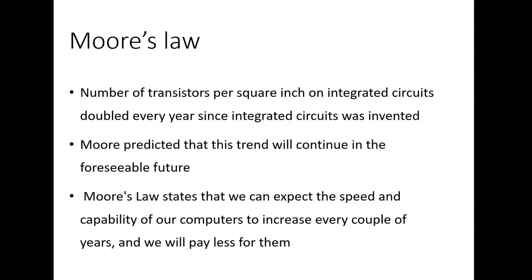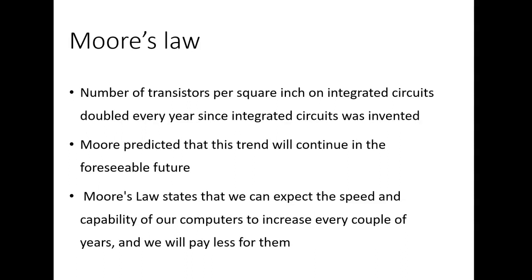It's actually an observation of how the transistor number and the computer efficiency vary, or how the transistor number will increase every year. According to him, the number of transistors per square inch on integrated circuits doubled every year. So this is basically the law.